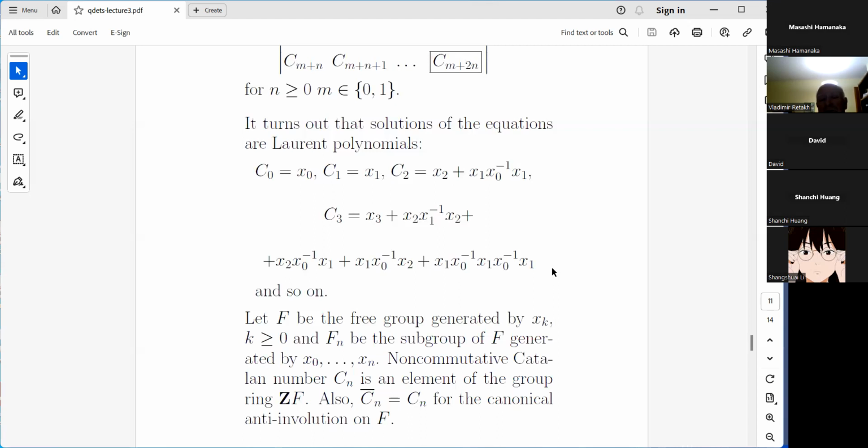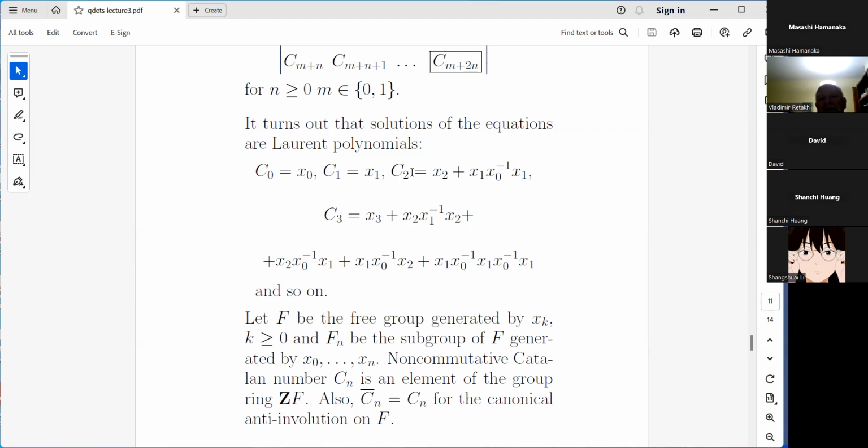So these powers alternate. Also, the number of these monomials is exactly the classical Catalan numbers.